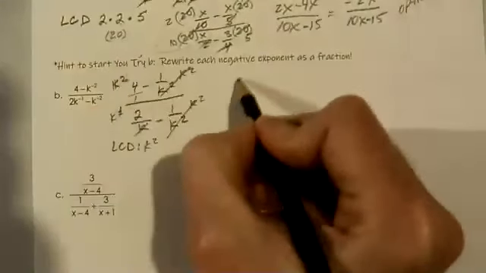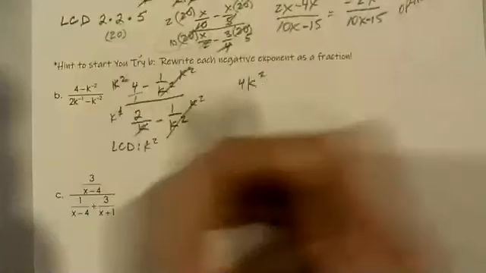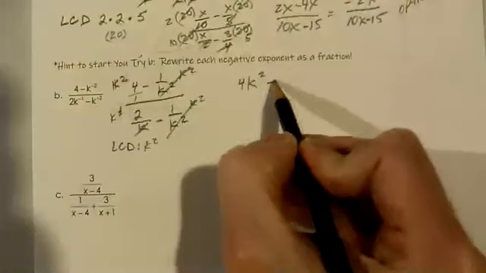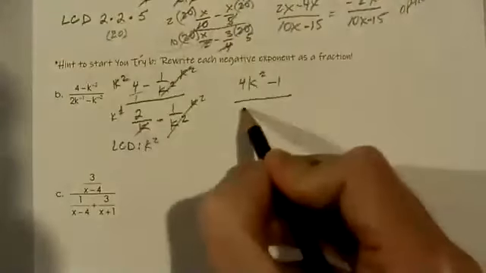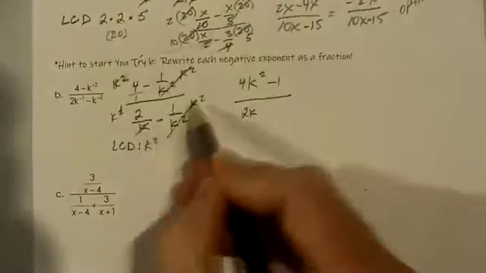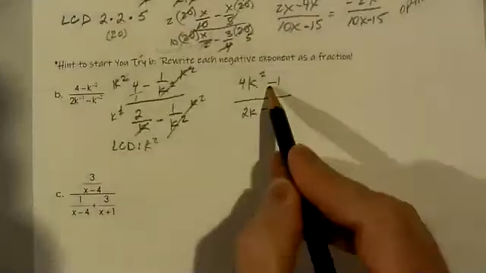So we're going to get 4k squared minus 1. And here we're going to get 2k minus 1. Now, when you look at this, you have 4k squared minus 1. 4k squared minus 1 is the difference of 2 squares.